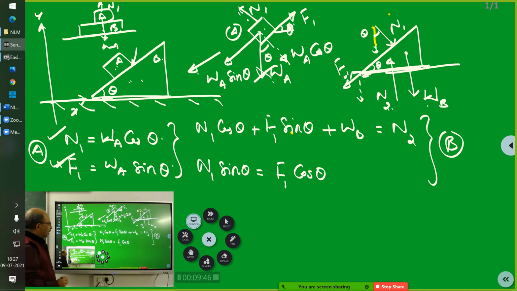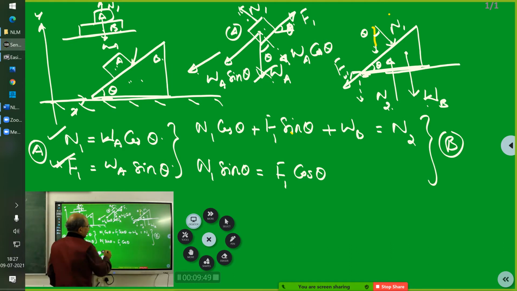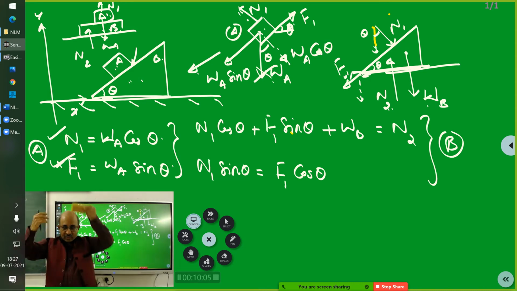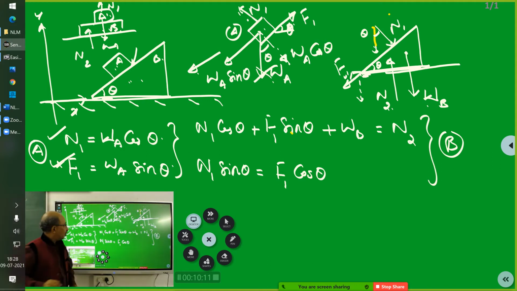Now come to this. Here you know N2, this reaction N2, must be equal to the weight of both of them. Isn't it? The ground is supporting both of them. See, my head is the ground, so it has to support the weight of this and this. So N2 must be equal to WA plus WB.